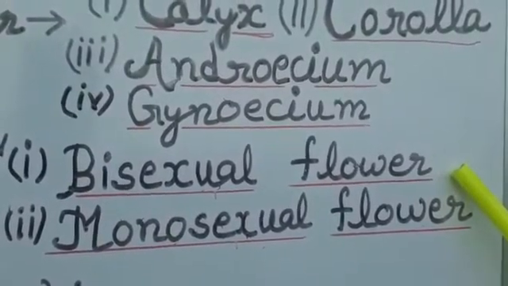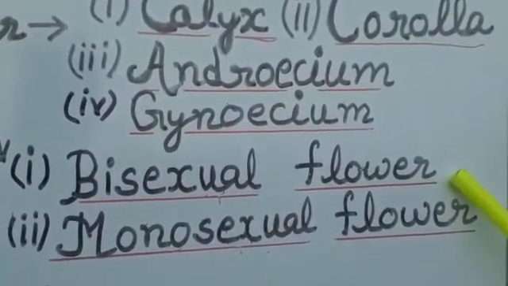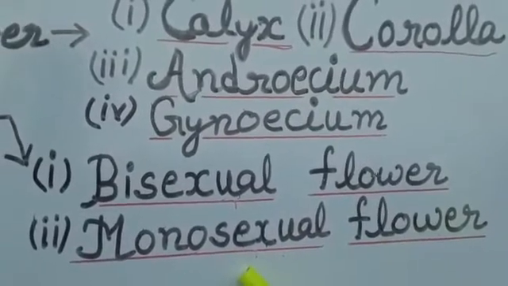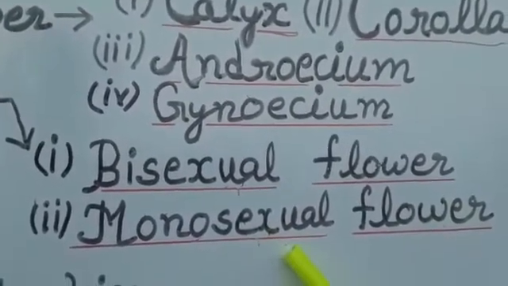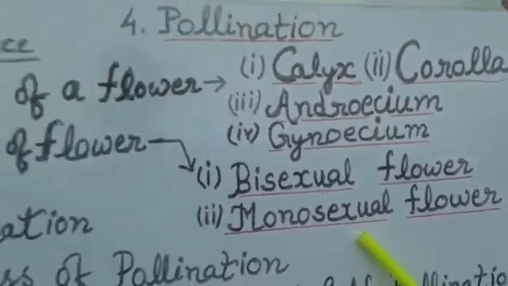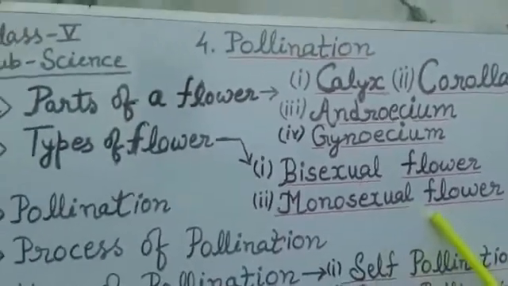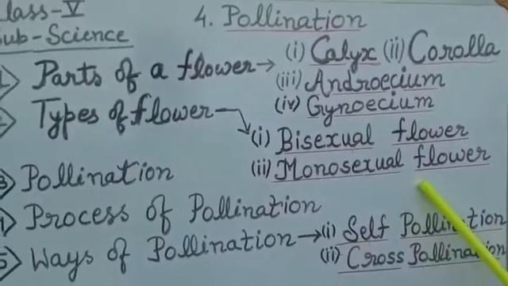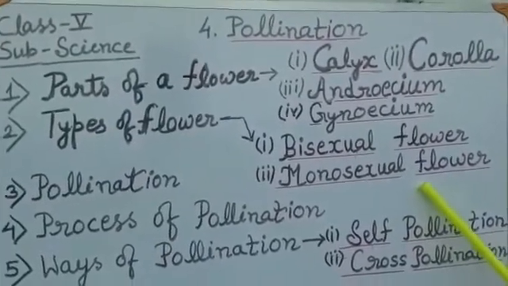Hibiscus and rose flowers are examples of bisexual flower. The second one is monosexual flower, those that have either stamen or pistil are known as monosexual flowers. For example, watermelon, pumpkin, cucumber, and papaya.